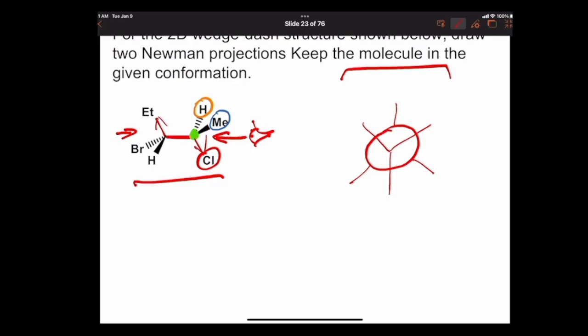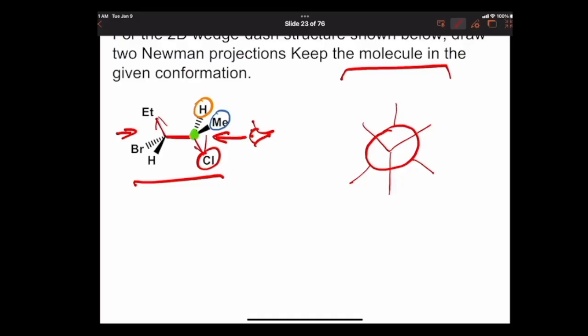So if I'm standing over top of it and I need to turn it, it's basically like taking the molecule, sitting flat. I need to grab it with my left hand on methyl. I need to reach through the page, right hand. I'm grabbing my hydrogen, and I have to pick it up. The reason why is because the methyl's already above the page. I'm going to tip it over this way.